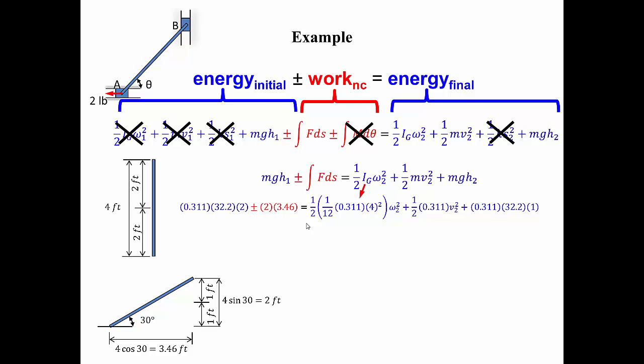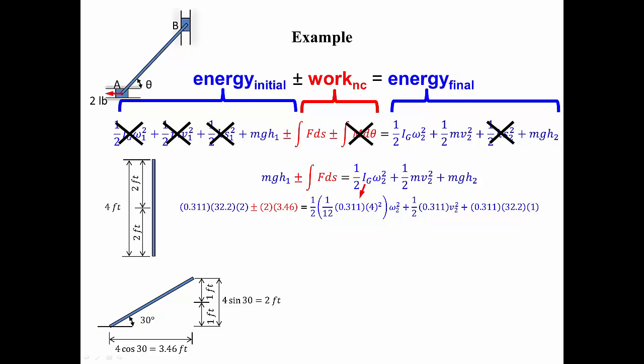So here's our mass moment of inertia in our energy equation. 1/12, the mass, 0.311, and the length, 4 squared, times the angular velocity of the rod squared, plus 1/2 our mass, 0.311, times the final velocity of the center of mass squared, plus our mgh, which is our mass, 0.311, times gravity, 32.2 feet per second squared, and our final height of the center of mass, as we said earlier, is 1 foot. So we can place 1 foot in our equation here.